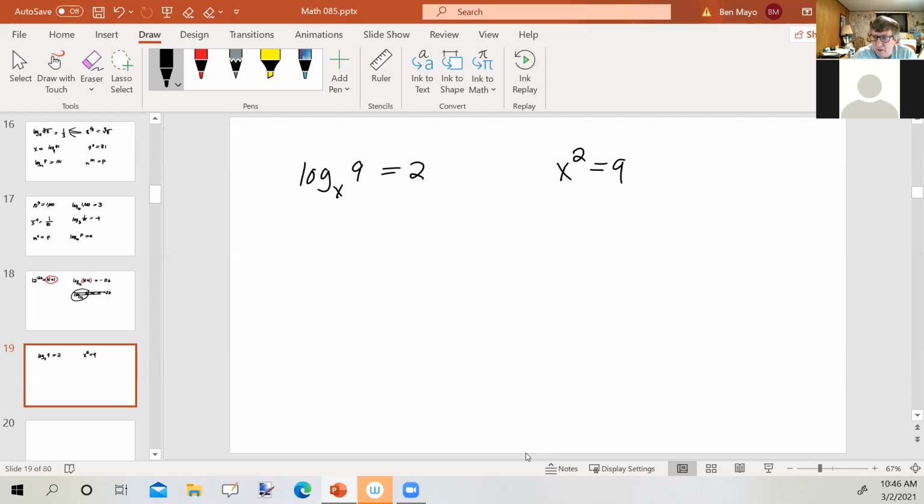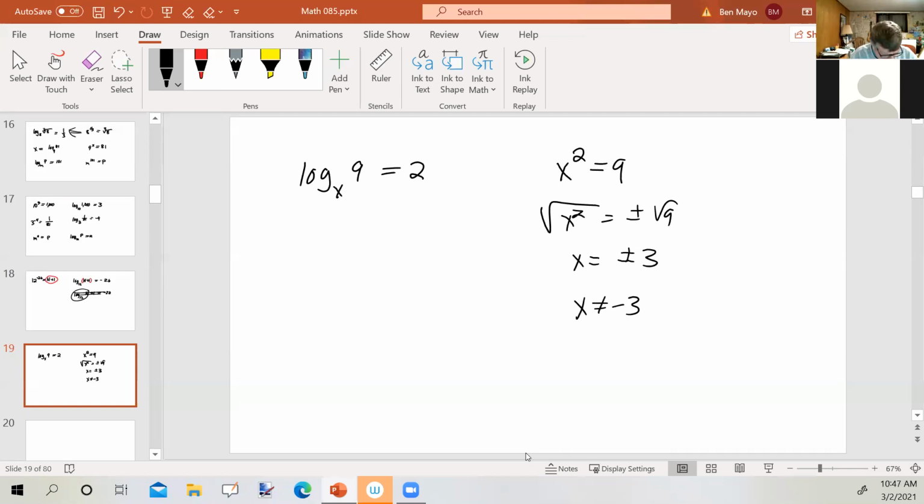Yeah, the square root property, or the principle of square roots, we could take the square root of both sides and we get x equals plus or minus 3. However, there's a problem here. X cannot equal -3. And why is that?